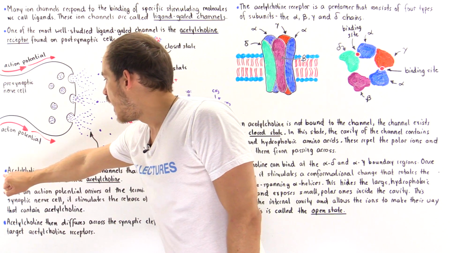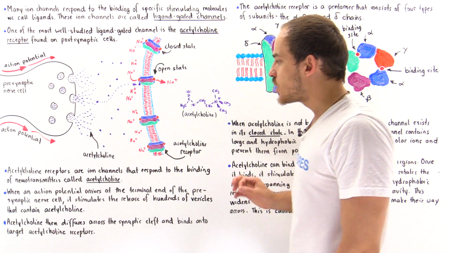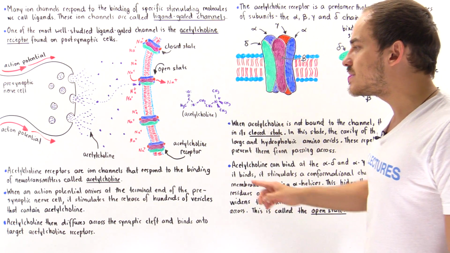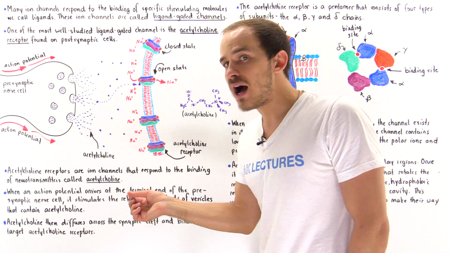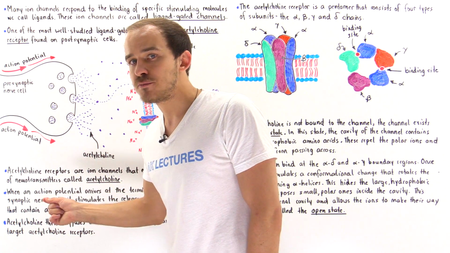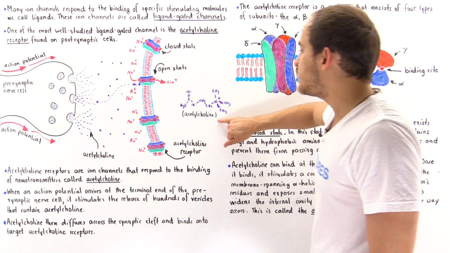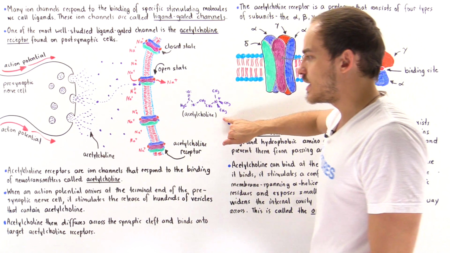Once again, acetylcholine receptors are ion channels that respond to the binding of special molecules we call neurotransmitters, and these are known as acetylcholine. They look like this.